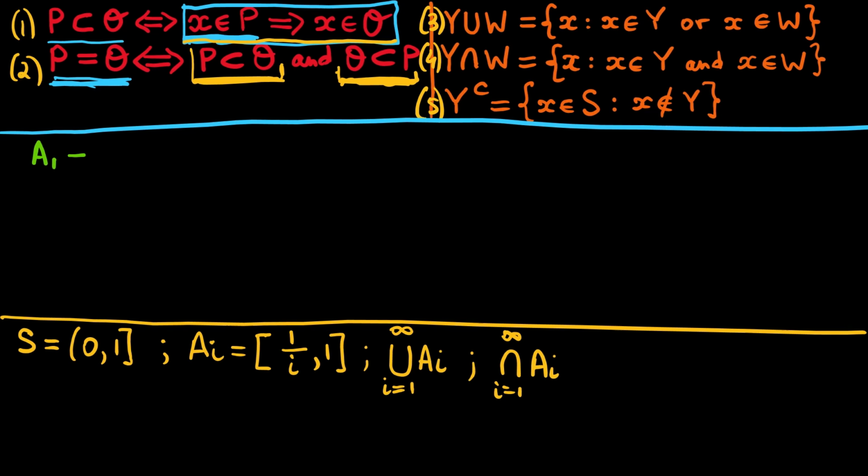The set A1 that we're interested in is, plugging a 1 in for this i, the set that goes from 1 over 1 to 1, and that's just the element 1.